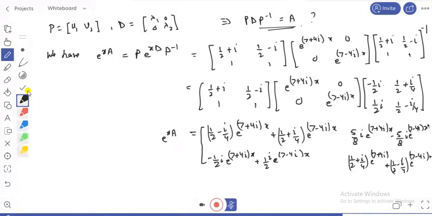Okay, so if you multiply these three matrices, you get this thing. This is your exponential of it.